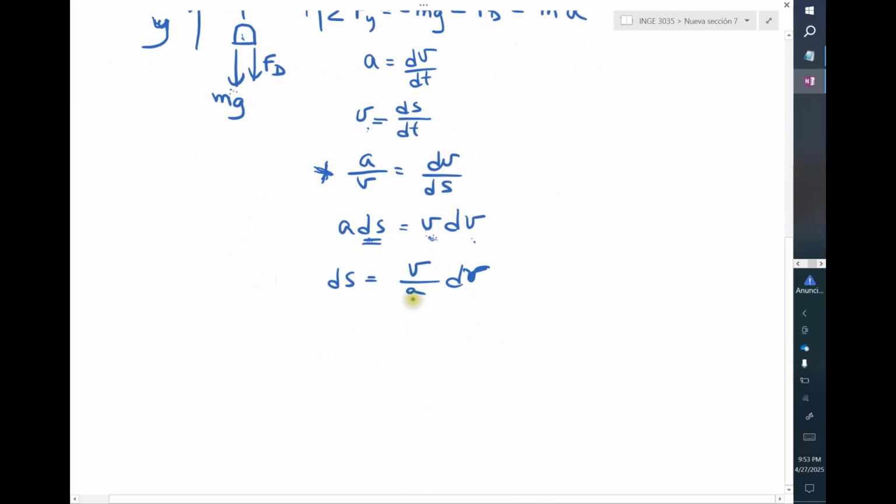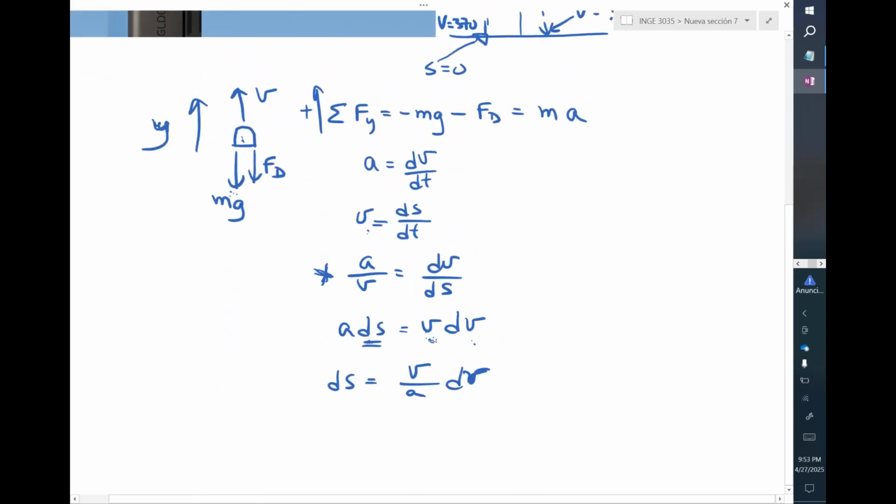Now, what is a? Well, that's easy, because a comes from here. a is equal to negative mg minus Fd. Let's introduce the definition of Fd. That's going to be 1/2 times the coefficient of drag times the density of the air times the area times this velocity squared, and we divide that by m, because that's what I'm going to be doing here.